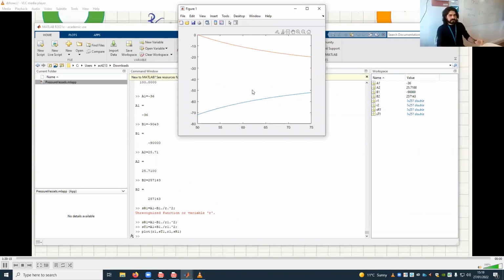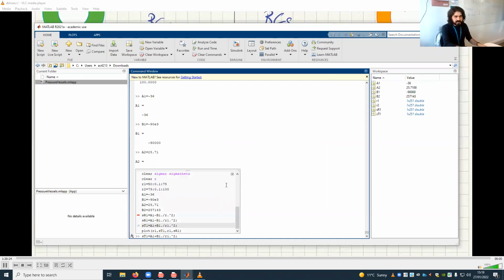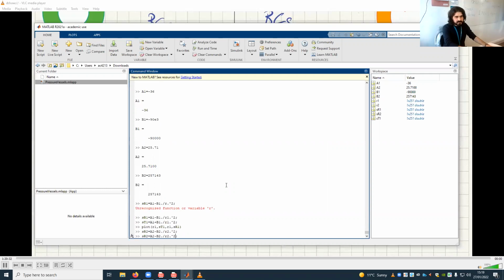I have to see what happens for the other one. So I have to find R2, which I already have, and I have to have sigma R2, which is A2 minus B2 over R2 squared, and sigma theta 2 is A2 plus B2 over R2 squared. And now I can plot everything again.